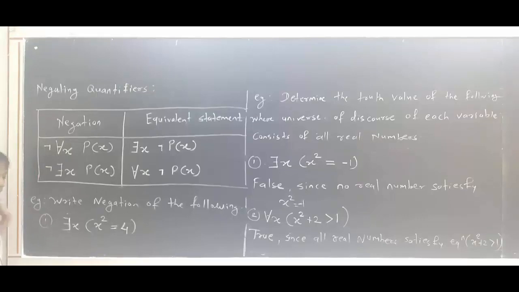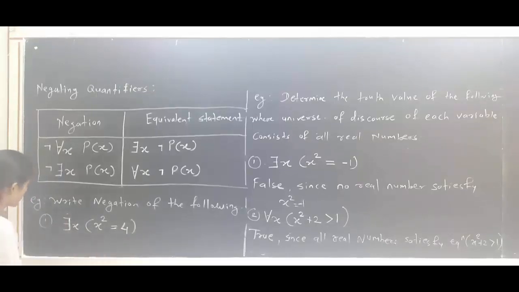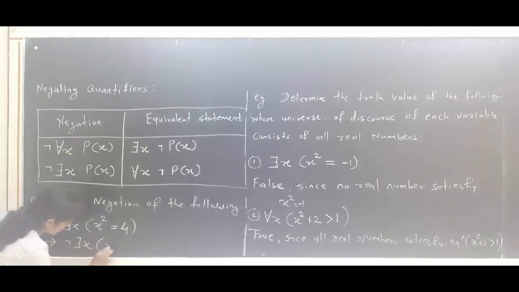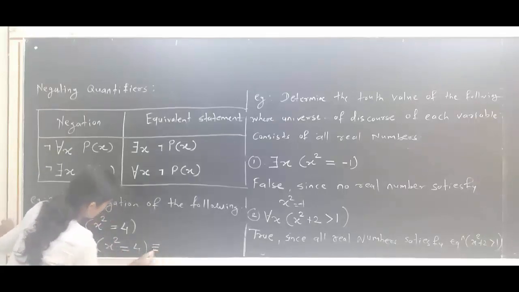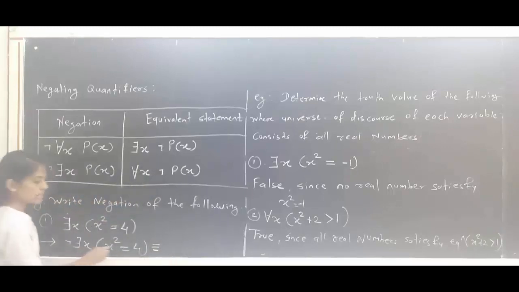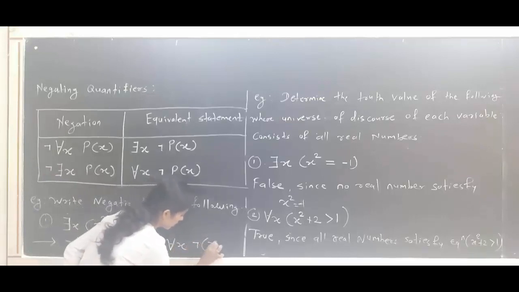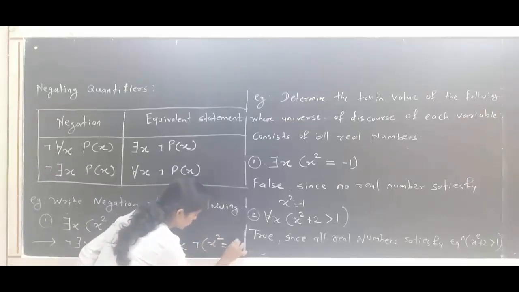Okay, so here we want to find the negation of this quantifier. So solution: negation of there exists x, x square is equal to 4, which is equivalent to, negation of existential quantifier is universal. So for all x, then negation of x square is equal to 4.